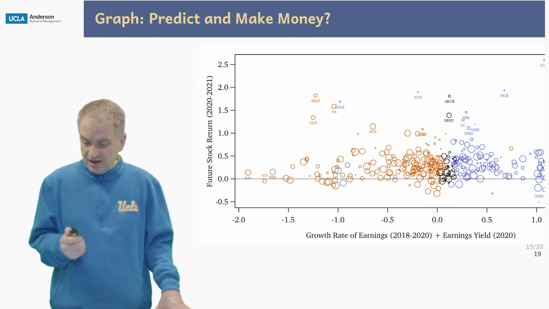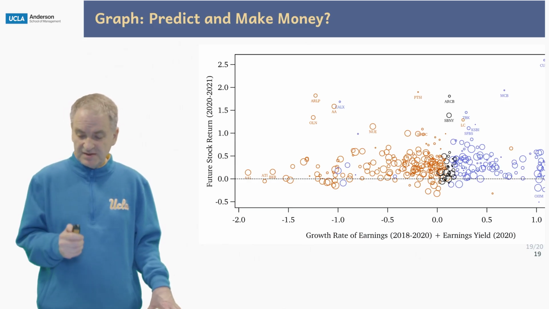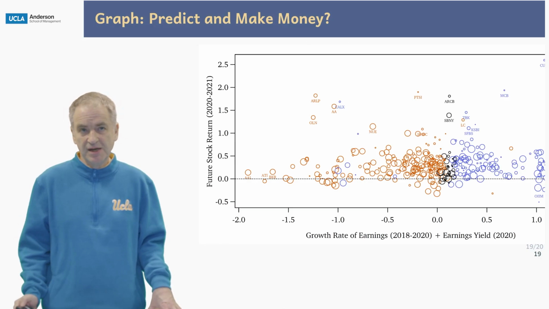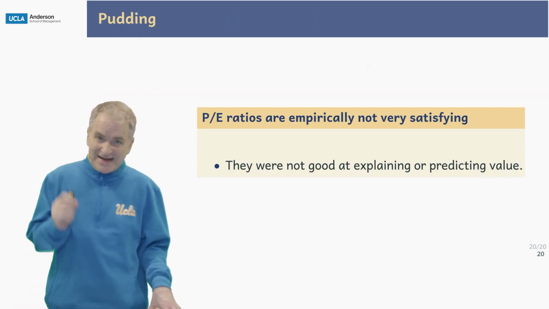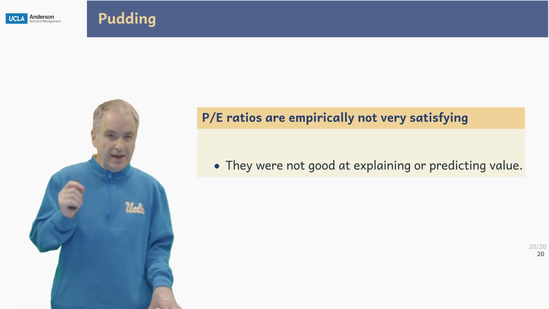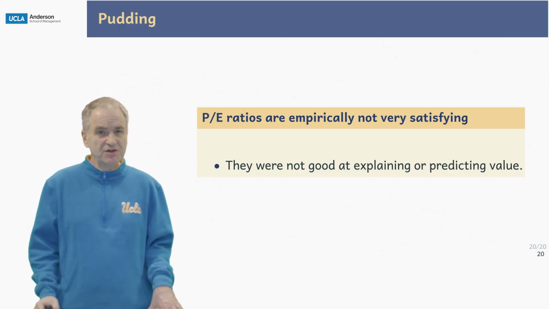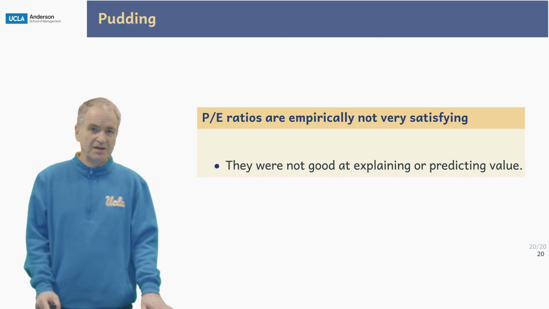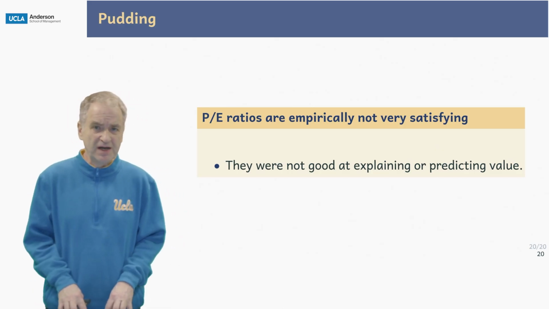But it's really hard to put this theory to use for actually systematically trading and making money. So PE ratios, as nice as they sound, as convincing a theory as we have, empirically, they're just not very satisfying. They were not so good at explaining or predicting value.